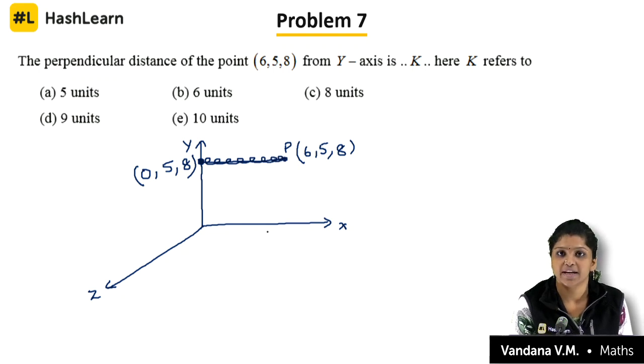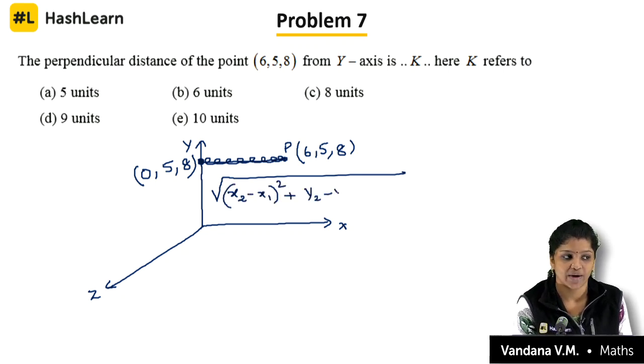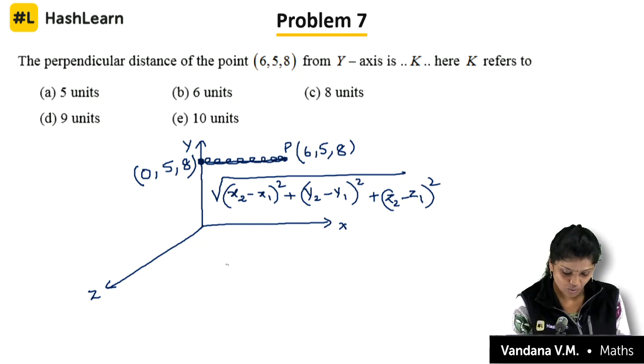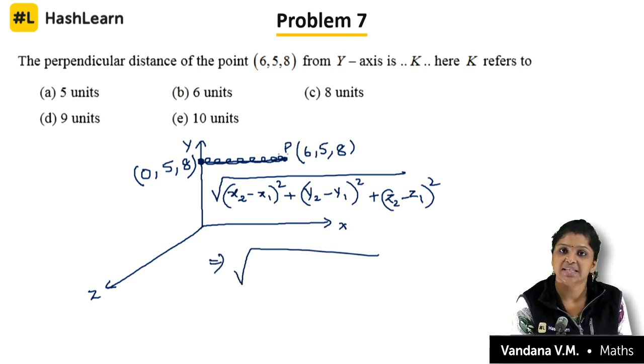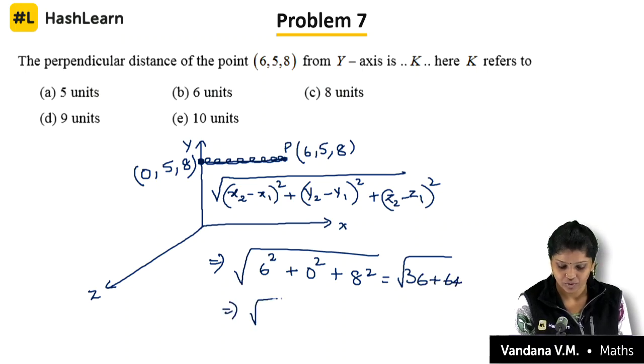I told you already, distance between 2 points must be equal to square root of x2 minus x1 whole square plus y2 minus y1 whole square plus z2 minus z1 whole square. Apply the formula, what will you get? Square root of 6 minus 0, that is 6 square, plus 0 square plus 8 square. I will get 36 plus 64, that is root 100. I will get 10 units.